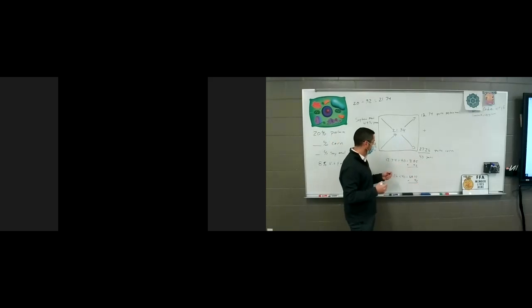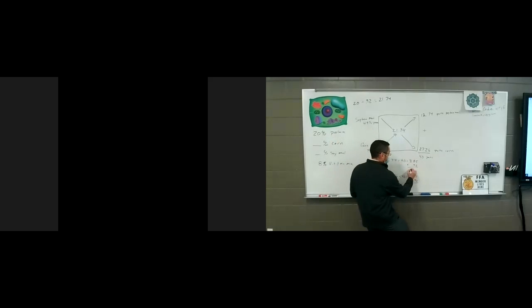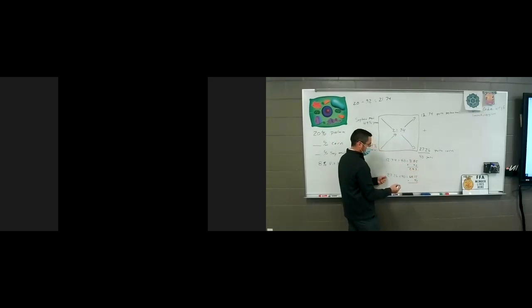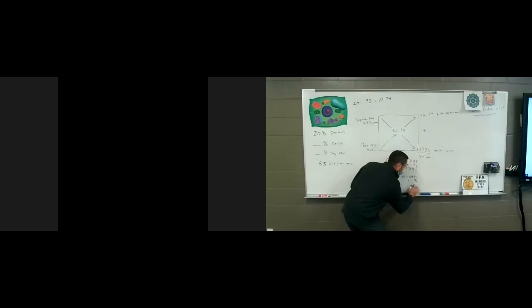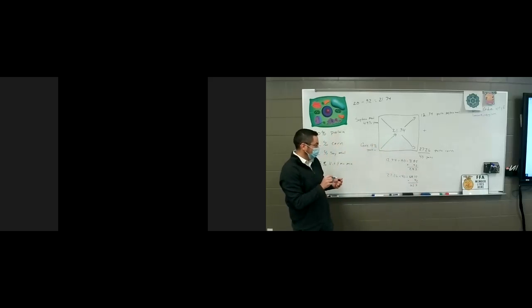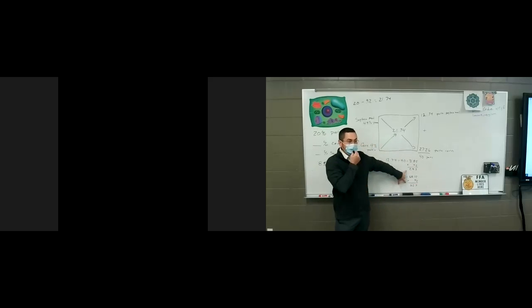For the soybean, 29.3. Great. And then 62.7. Close enough. Fantastic. That gets us to 92% of our ration. And then our other 8% comes from vitamins and minerals.